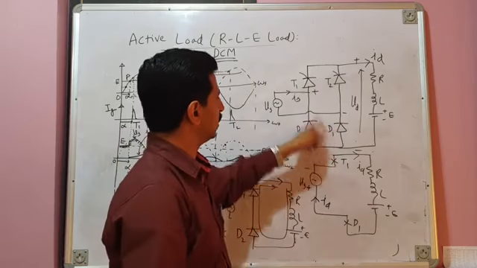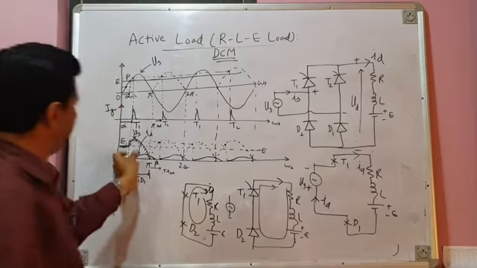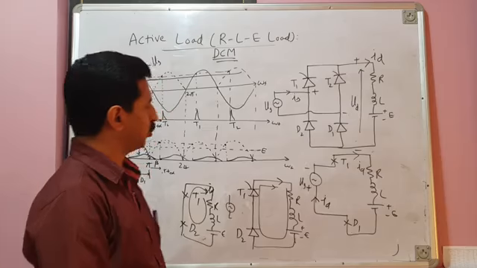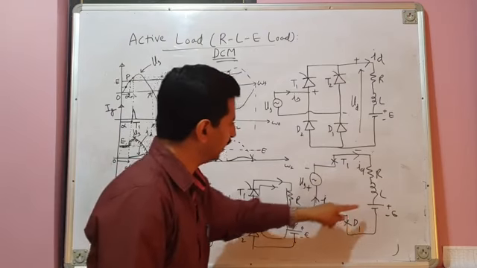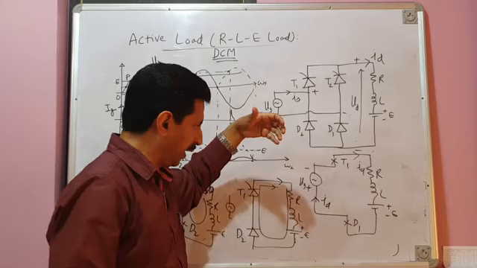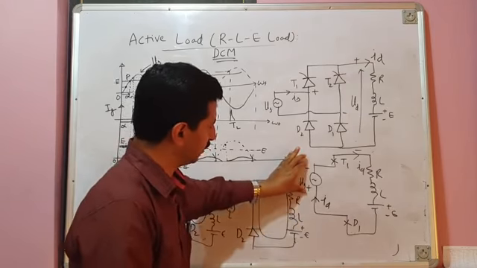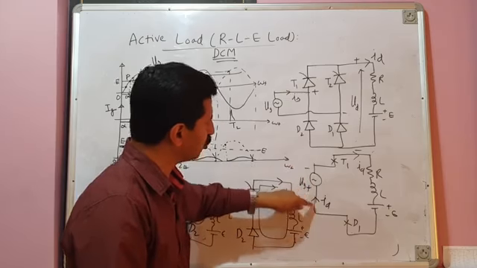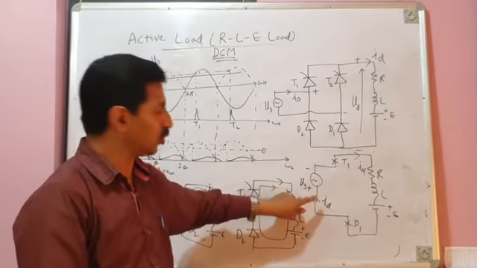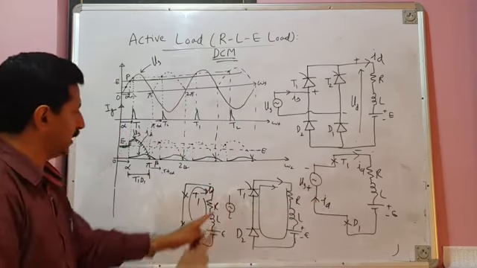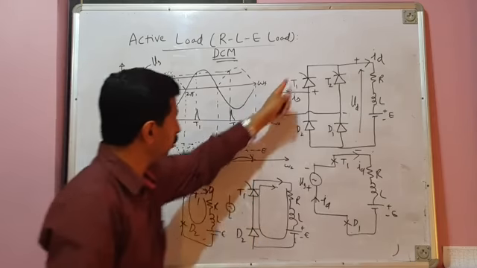One is through T1, D1, the previous path, and the other is through T1, D2. The first path provides large opposition because the source voltage has reversed its polarity and opposes the flow of current, so current finds it very hard to flow through the source. The other path is through T1 and D2, this branch.